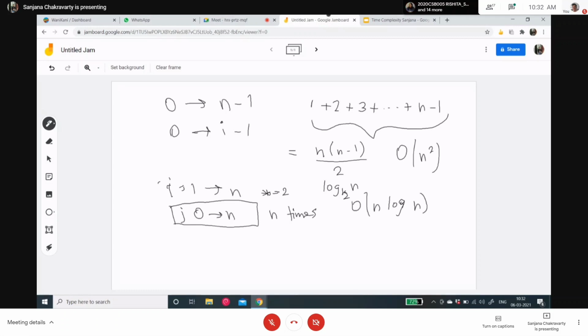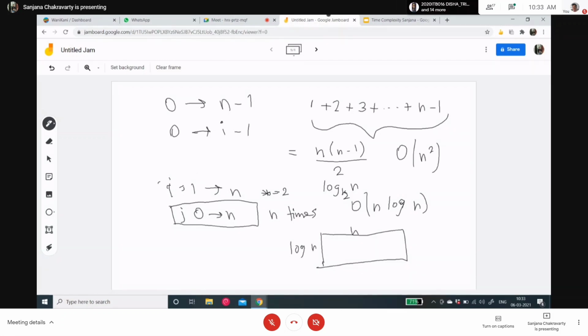You can also think of this as a matrix, though I'm not sure if this pictorial representation might make sense to you or not. But if you work with 2D arrays, then nested for loops make a lot of sense. Suppose you have a matrix and i is your row value and j is your column value, and j goes from 0 till n minus 1, so that's n columns, and i runs log n times, so you have log n rows.